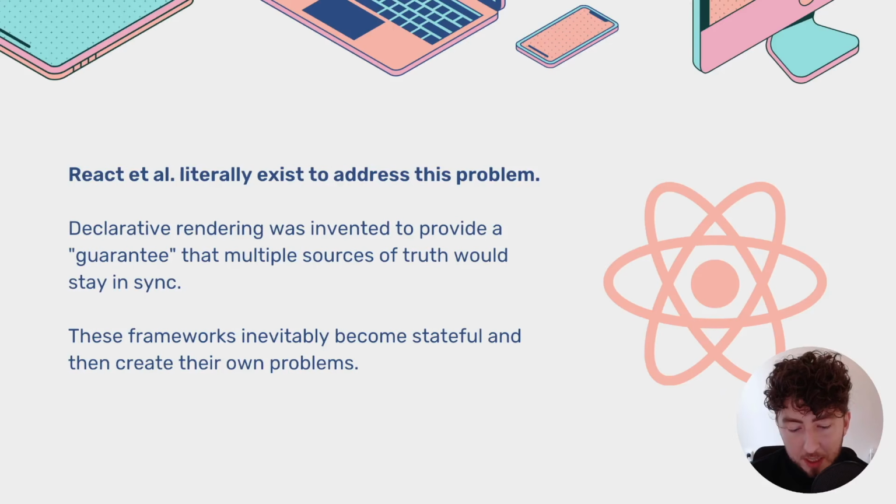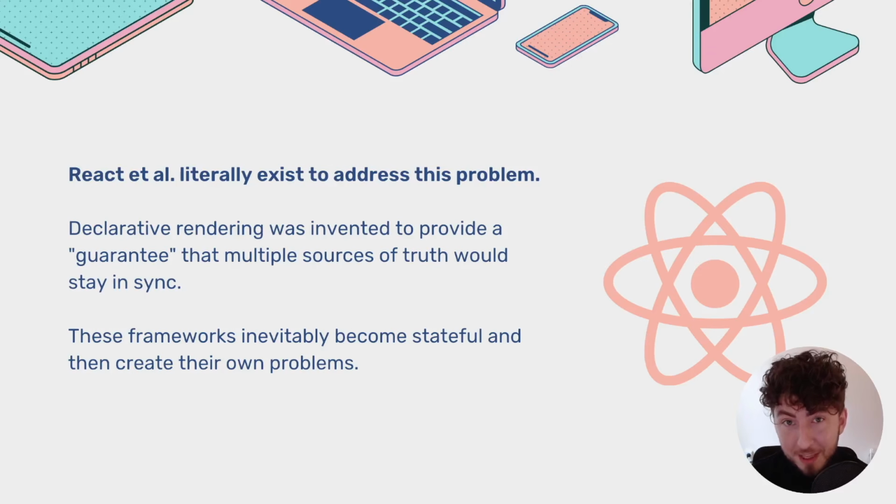It's worth mentioning, if you're not convinced by this argument, that React, Angular, Vue, all of these declarative rendering libraries, I think React is probably the most starred project on GitHub, right? Or at least it's close, right? Declarative rendering was literally invented to solve this multiple sources of truth problem in the DOM, right?